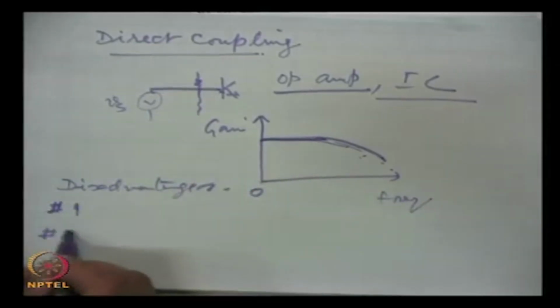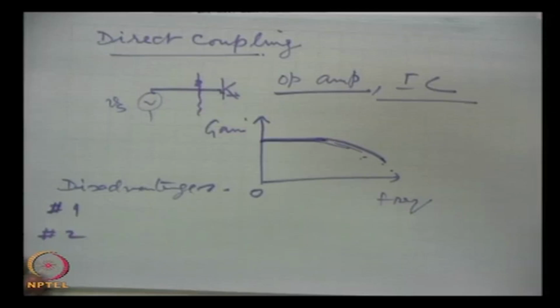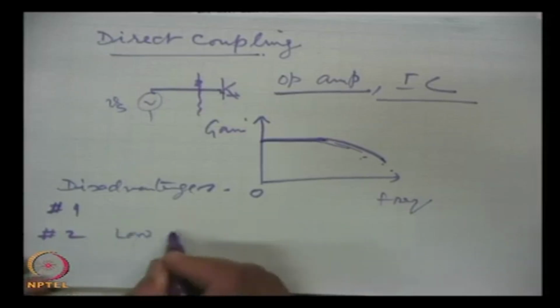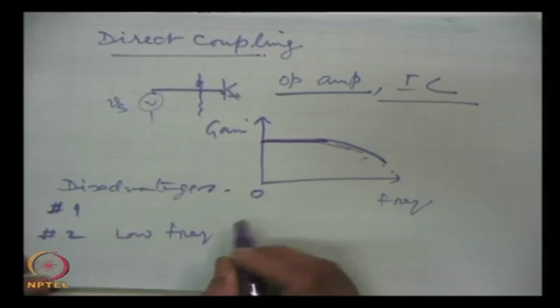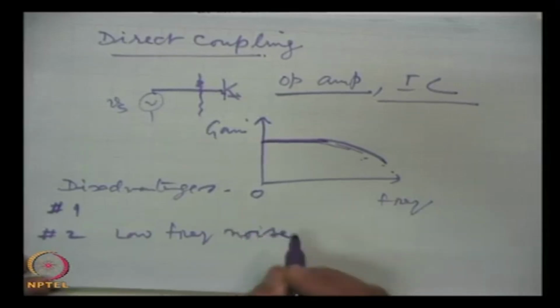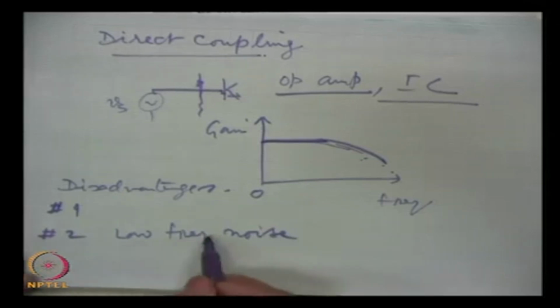More serious than this is that low frequency noise also gets amplified. In RC coupling the capacitor will block this low frequency noise. Here in direct coupling there is no blockage and no restriction on the frequency, so even noise will propagate through the amplifier and be amplified.